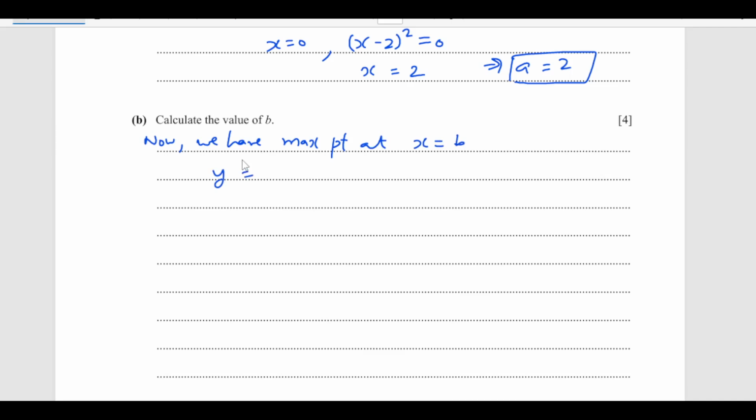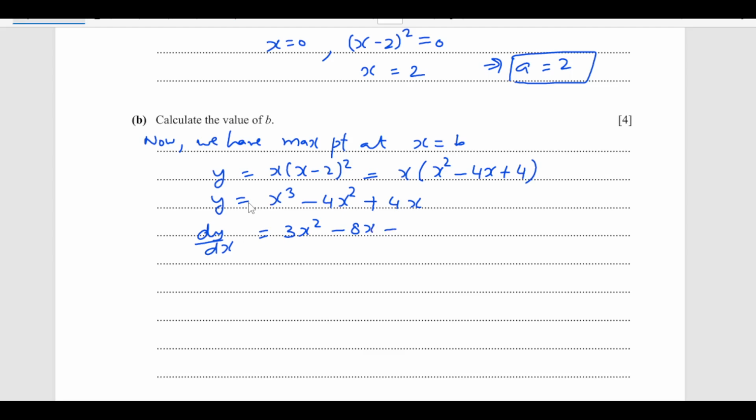So, y is equal to x times (x - 2)^2 equals x times (x^2 - 4x + 4), just expanding the bracket. Then y is equal to x^3 - 4x^2 + 4x. Now, we can differentiate: dy/dx is 3x^2 - 8x + 4, right? At the maximum point dy/dx should be 0.